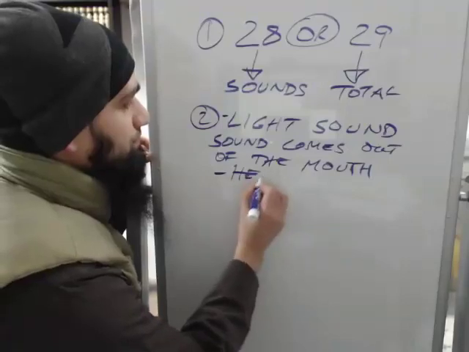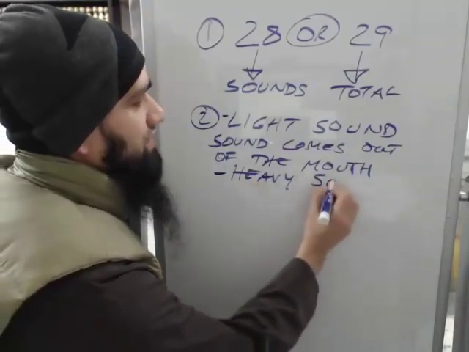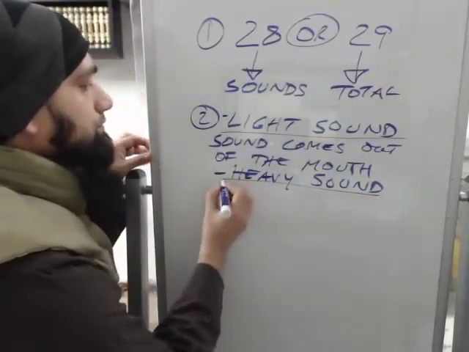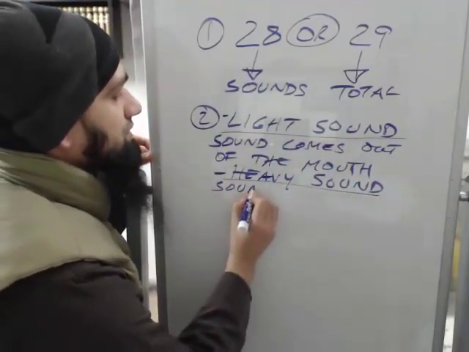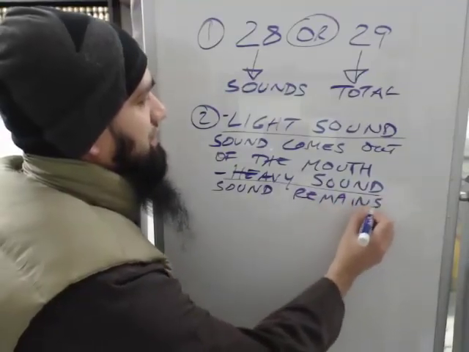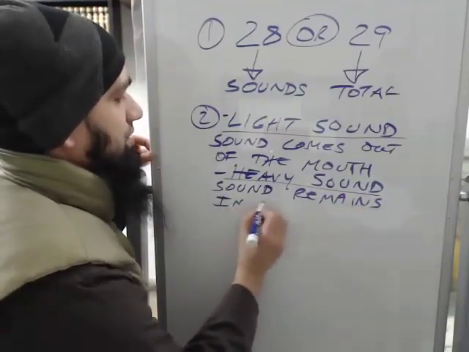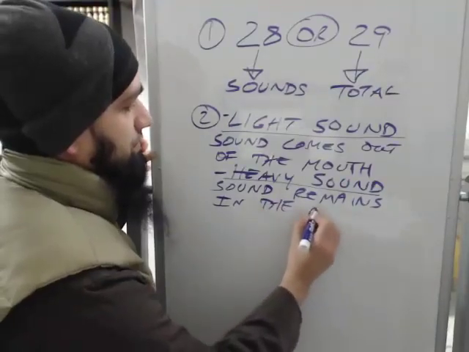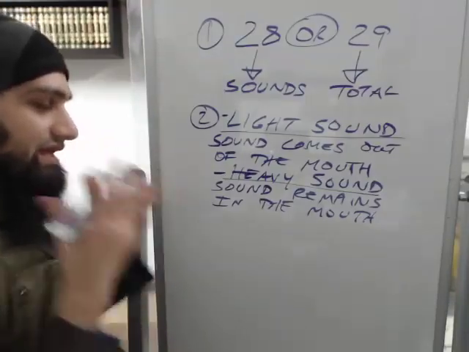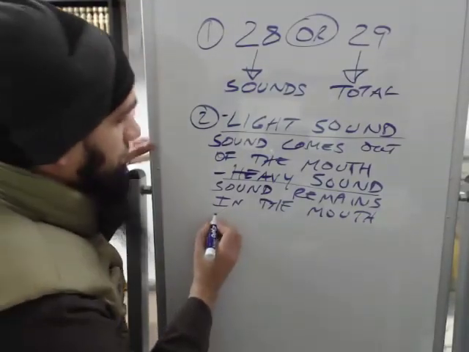heavy sound, you can tell what the heavy sound is. For the heavy sound, the sound remains in the mouth. The sound remains in the mouth, and the mouth is full, right?